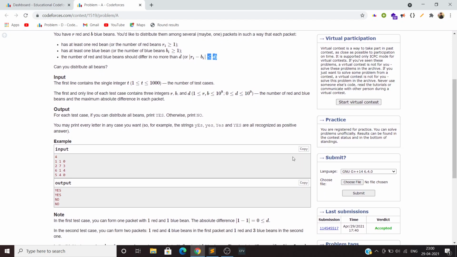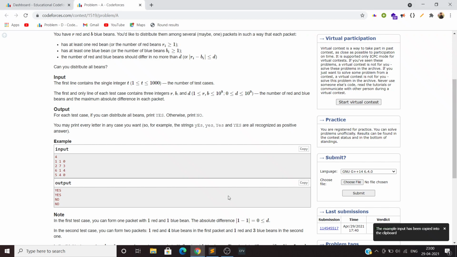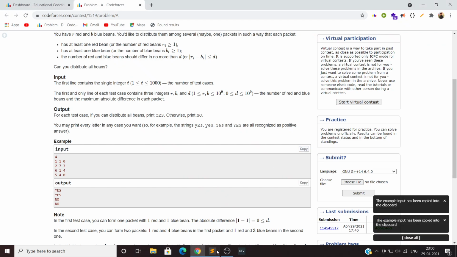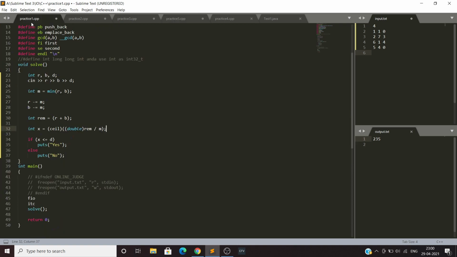So what we can see here, let me show you. So we are given R red beans and B blue beans and we have to distribute them.